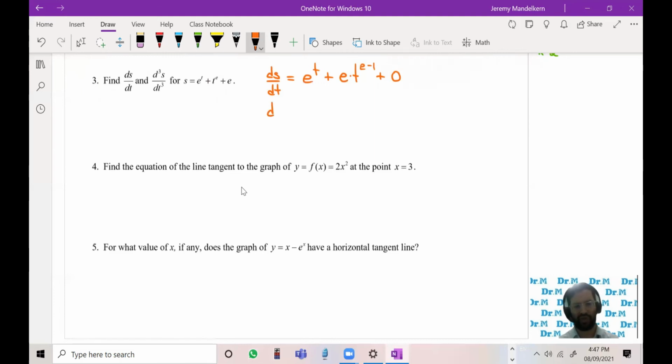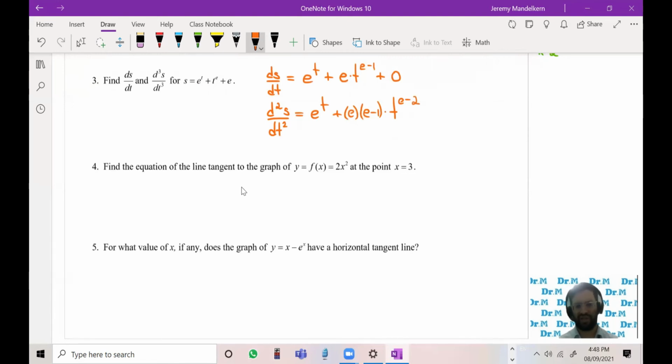We'll go ahead and compute now what is d squared s/dt squared. That is the Leibniz notation for a second order derivative of the s function, differentiation with respect to t. Well, once again, the derivative of e to the t is still e to the t. And for this power function, we'll have plus this e times e minus 1 times t to the power e minus 2.